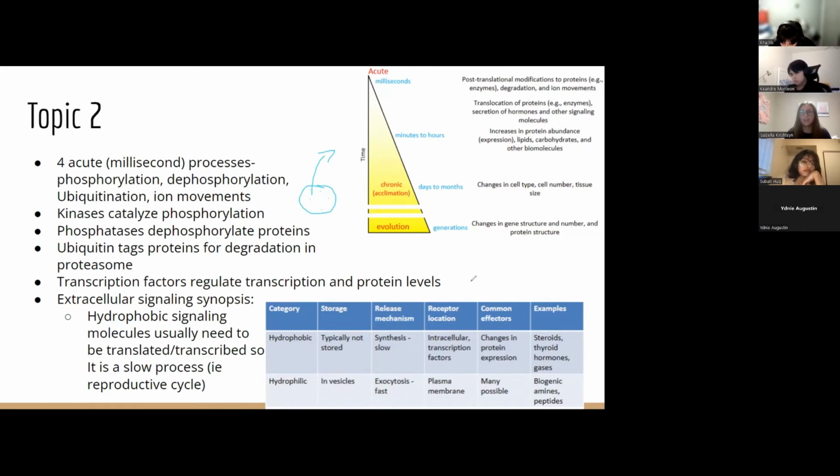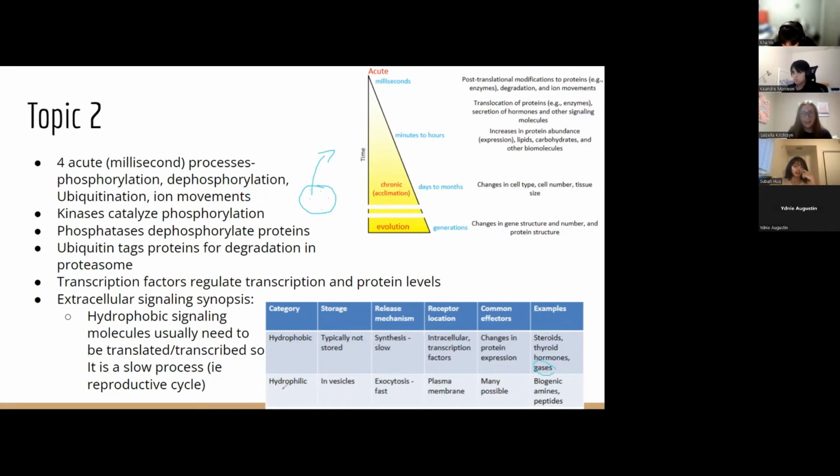So when transcription factors come in, they bind and might change expression, or they might change transcription levels. Some examples are steroids, thyroid hormones, and gases. Gases are not really synthesized or anything, but they are still hydrophobic.